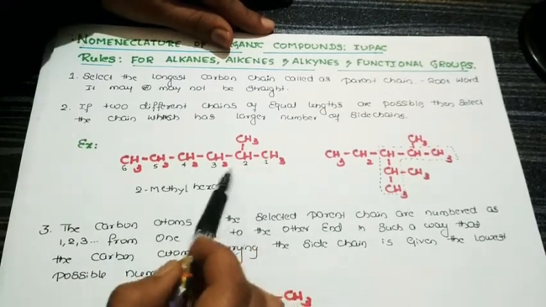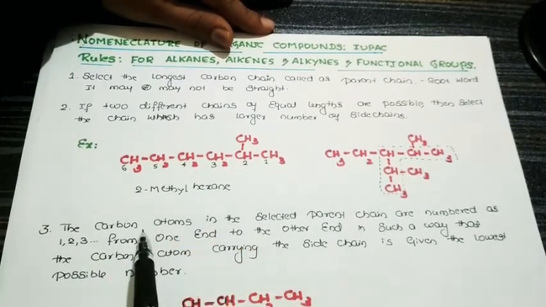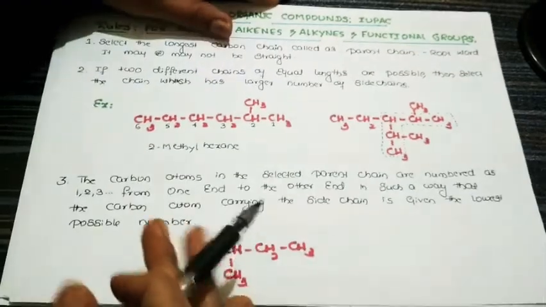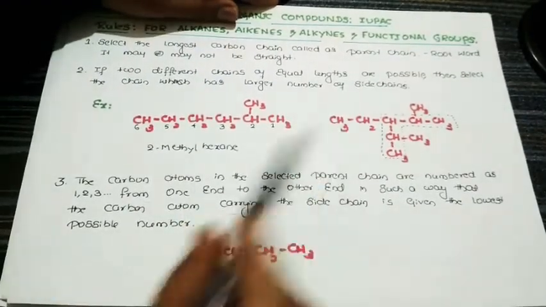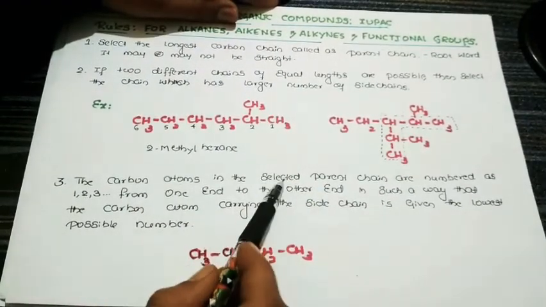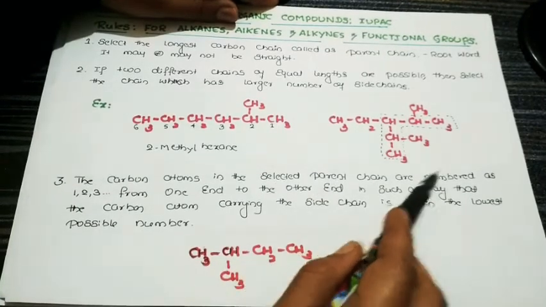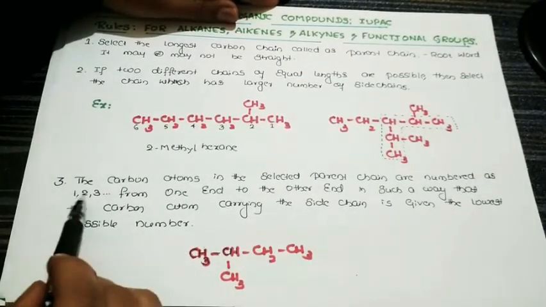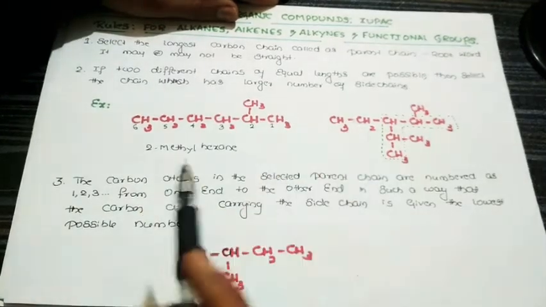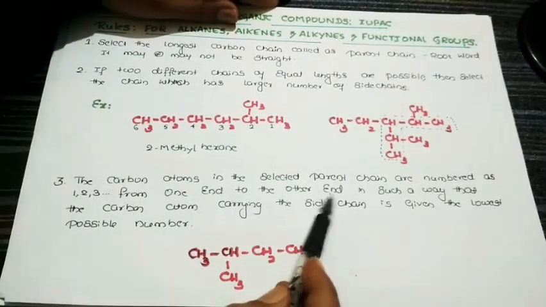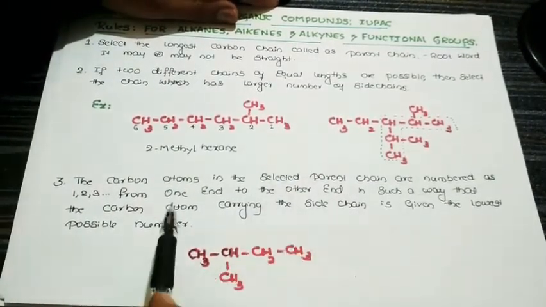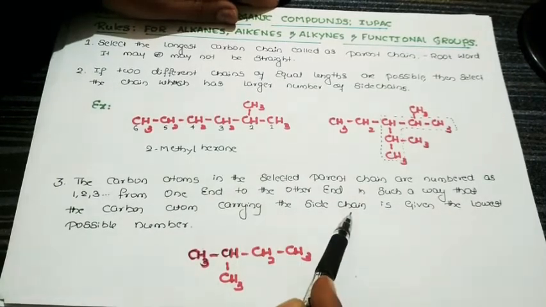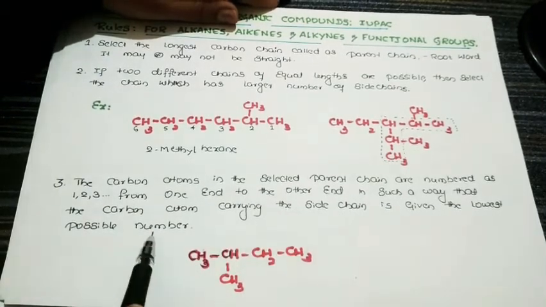Now I have given a number here, you could observe. Here is the third rule. The carbon atoms in the selected parent chain are numbered as 1, 2, 3 and so on from one end to the other end in such a way that the carbon atom carrying the side chain is given the lowest possible number.